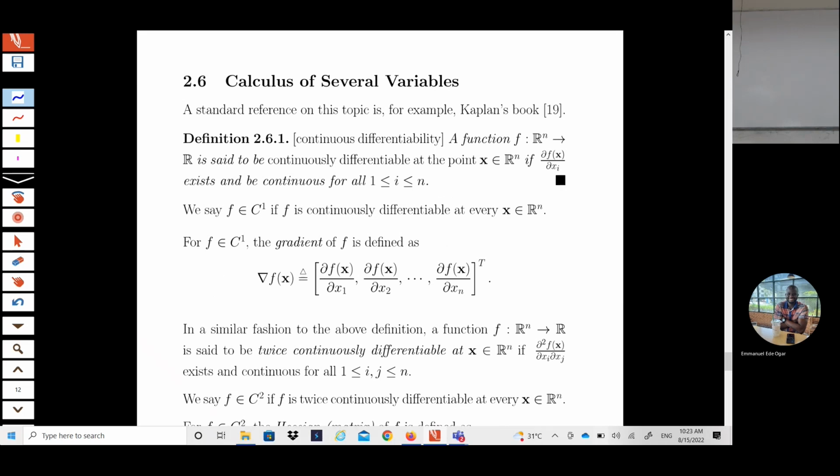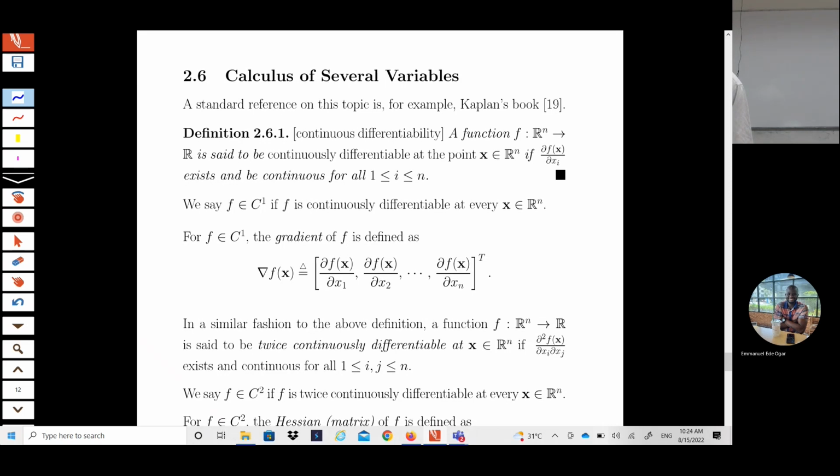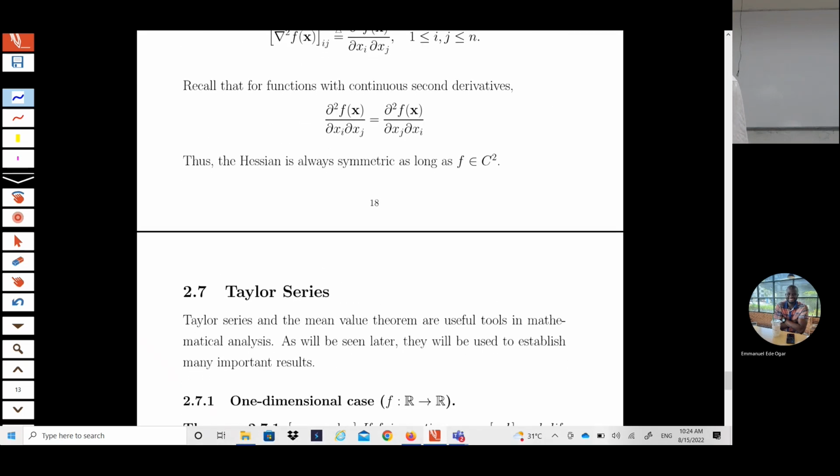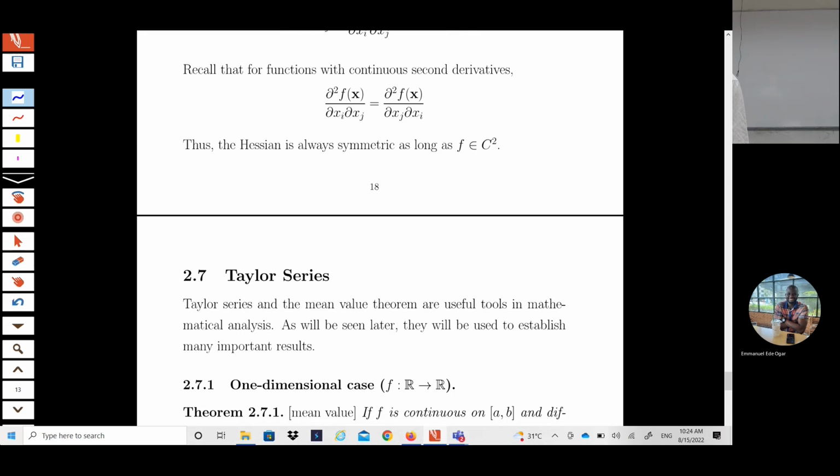And in chapter 4, when we consider optimality conditions, we will apply the basic knowledge of this to find necessary and sufficient conditions for optimality later. The next topic, which is the last one on this, is the Taylor series.